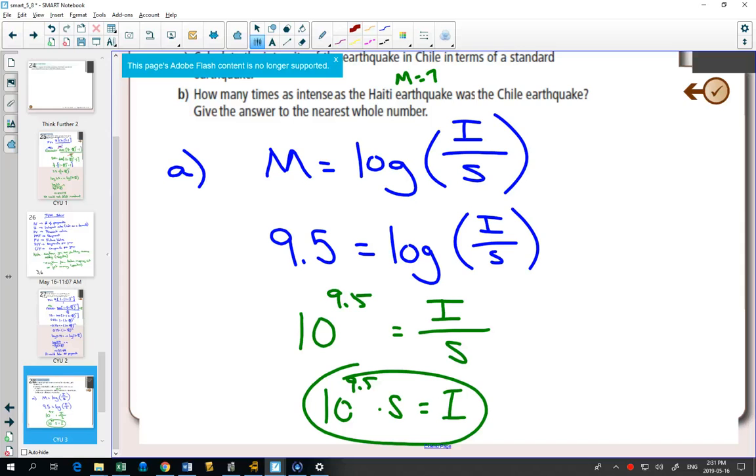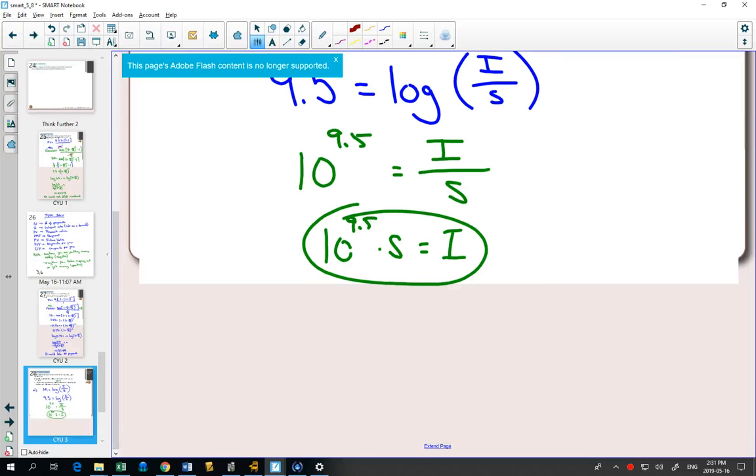So in B, and I'm going to put a little C beside that because that's the intensity of the Chile one, could you see that for B, if you wanted to find the intensity of the Haitian earthquake, you could do that the same way, and you would get 10 to the 7.0 times S.